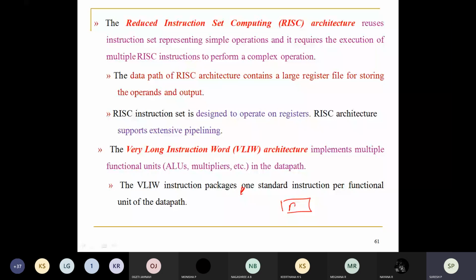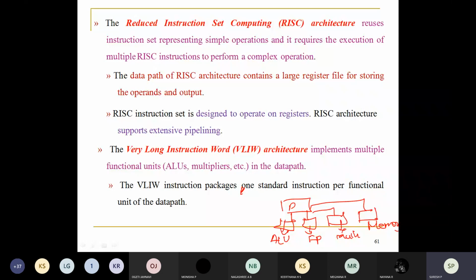Some will be used for arithmetic and logic operations, some for floating point operations, some for multiplication, and some for memory related operations. So the functionality is totally different to perform individual instructions.